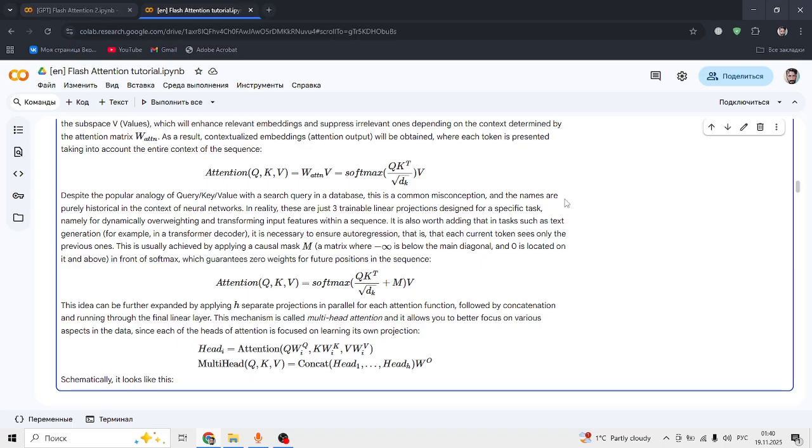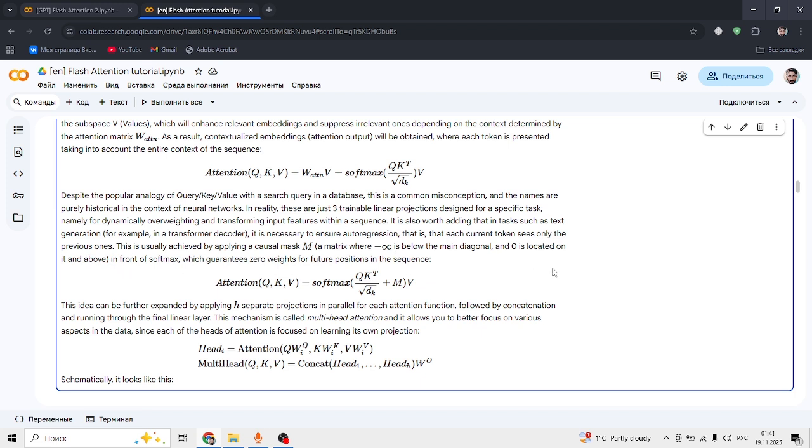Also, in practice, very usually, I would say almost always, we apply a causal mask M. This is a matrix where minus infinity is below the main diagonal and 0 is located on it and above, in front of softmax.